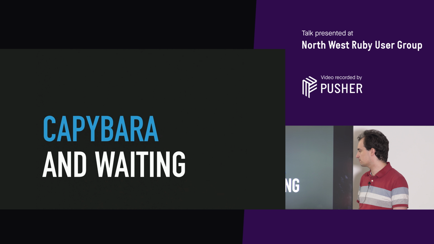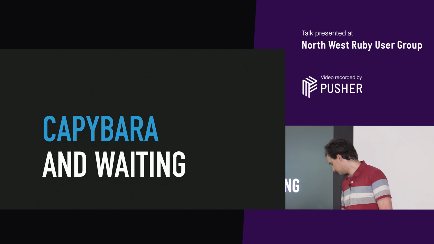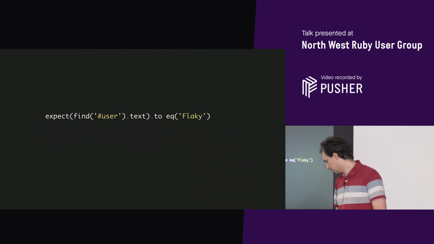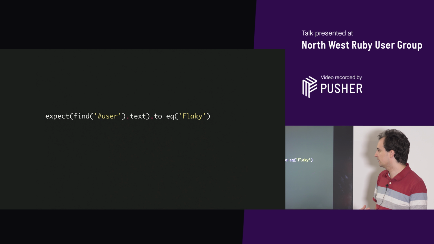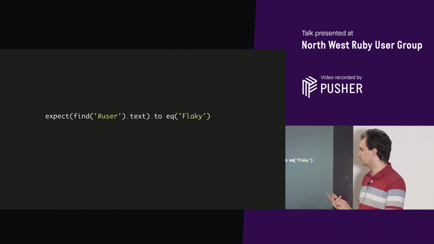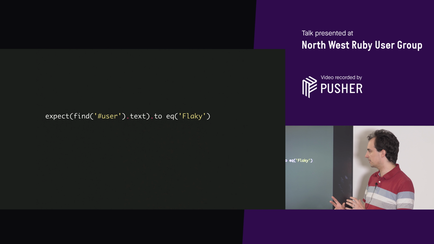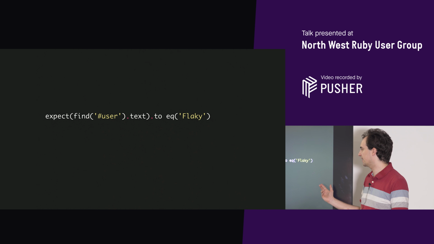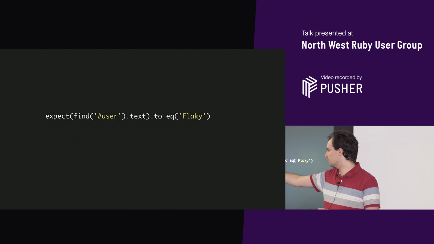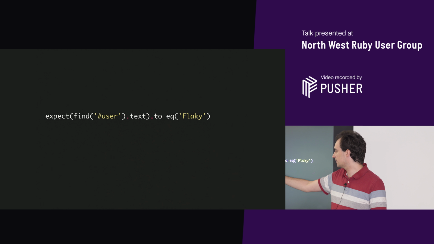And I think probably the main cause of Capybara flakiness is waiting. Specifically, Capybara not waiting long enough. And so a fair amount of Capybara failures can be fixed by rearranging your syntax a little bit. So for example, here we're using the find method with an ID.